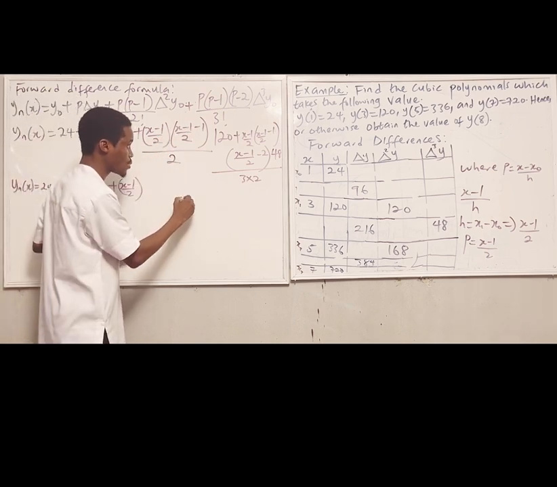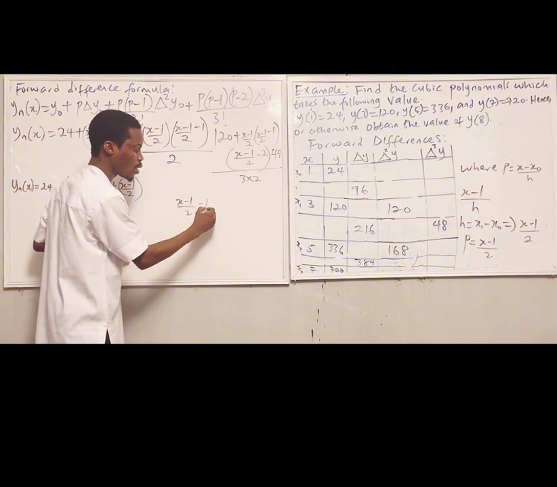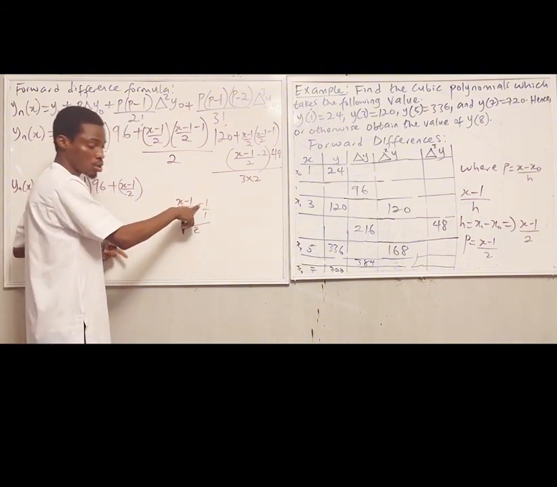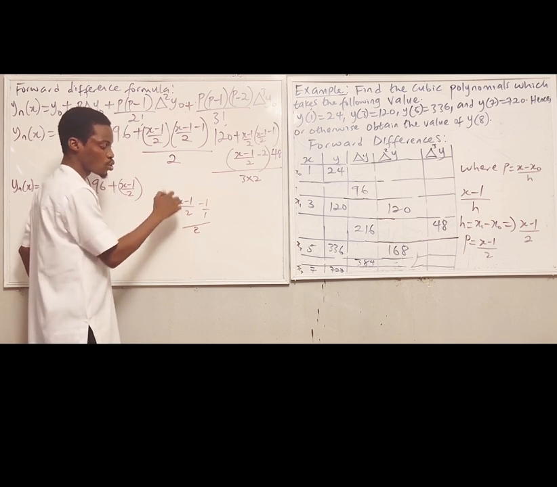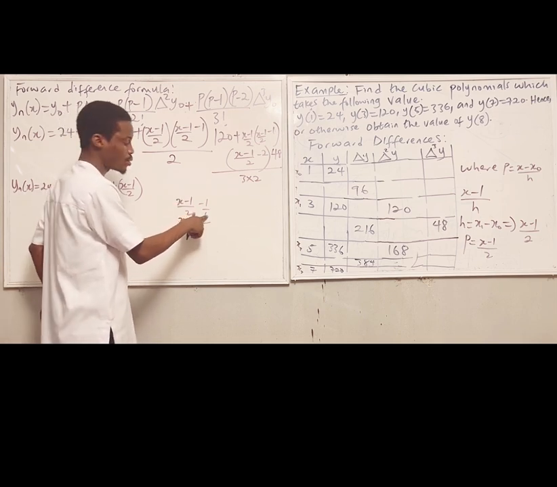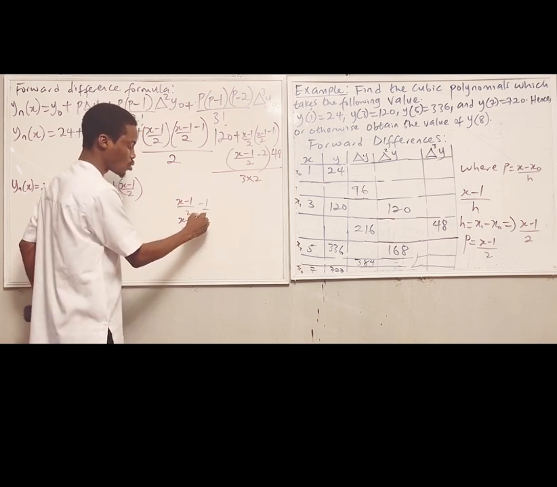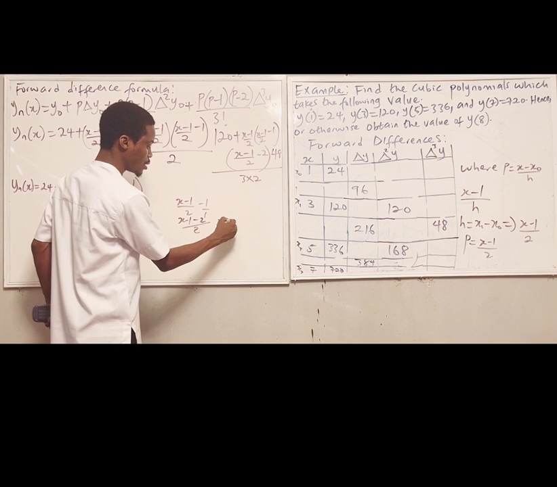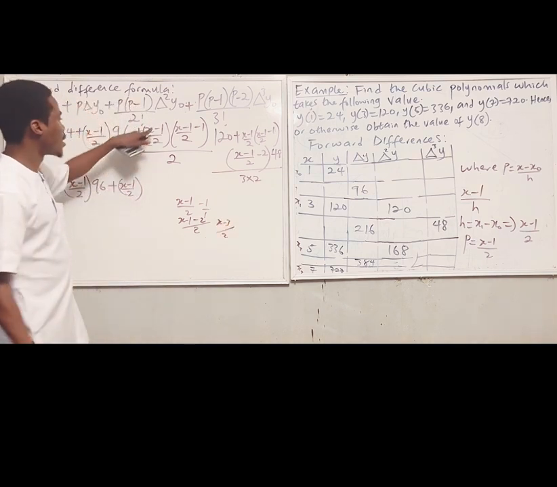I'm going to have s minus 1 all over 2 minus 1 over 1. So 2 into 1 multiplied by this, I'm going to have s minus 1 minus 2 all over 2. So we are going to have s minus 3 all over 2. It means I've solved this one.